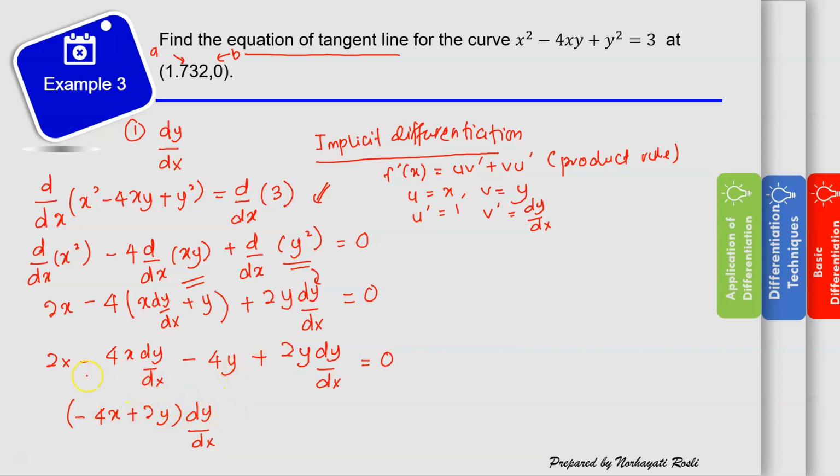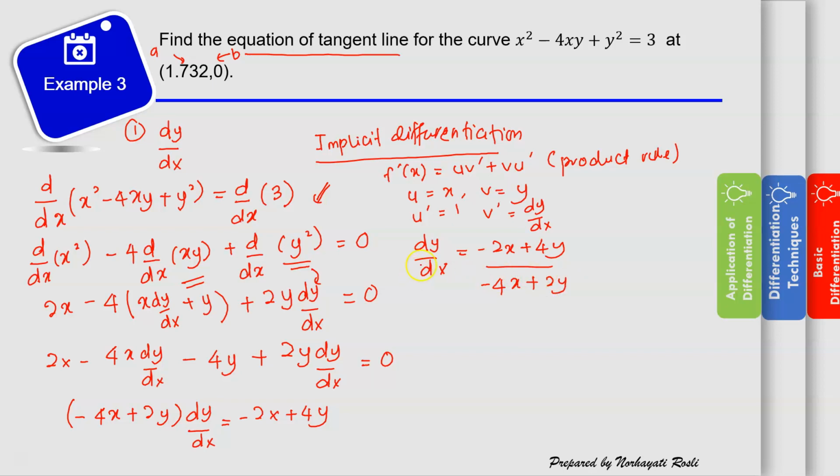Then the terms with no dy dx, 2x and negative 4y, we move to this side, and we get negative 2x plus 4y. So dy dx will be equal to negative 2x plus 4y divided by negative 4x plus 2y.